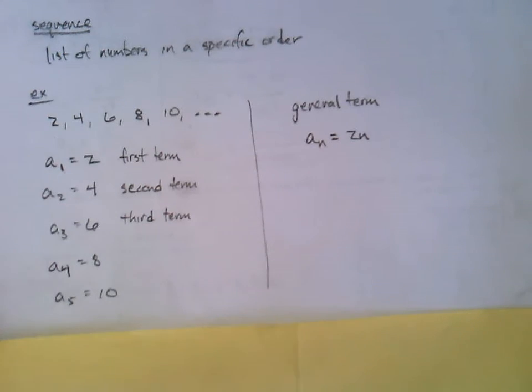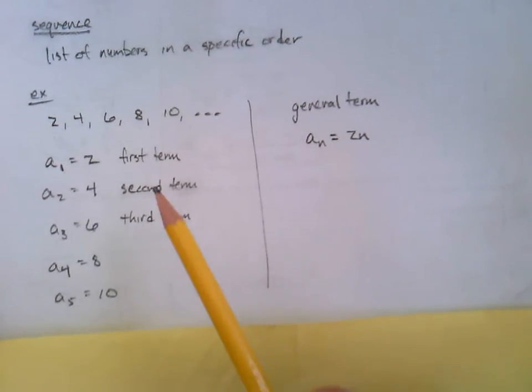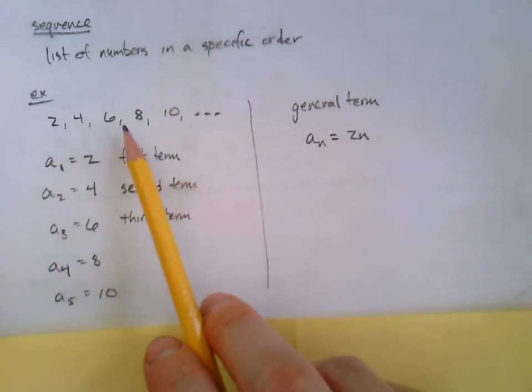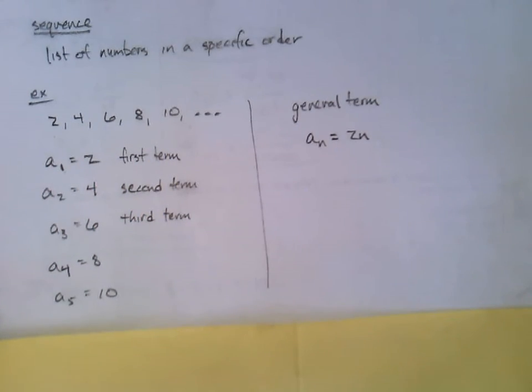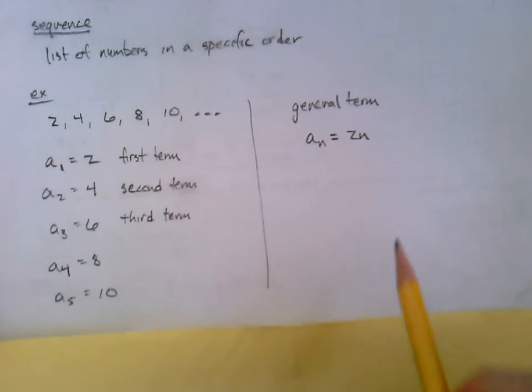Okay. Now what we'd like to have is a formula for how to generate each value according to which term it is. So we call that the general term. So in this sequence, if we were in class, I'd probably ask you guys, hey, what's the formula for the term?